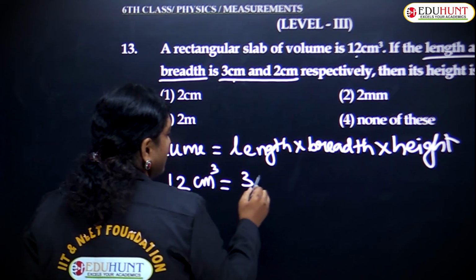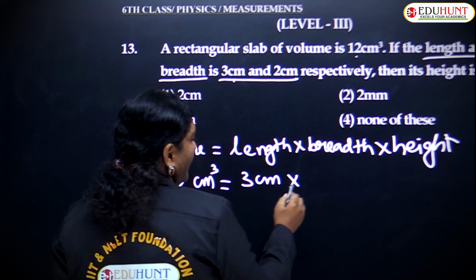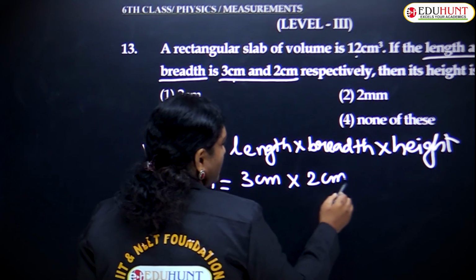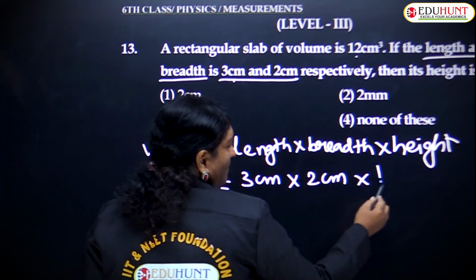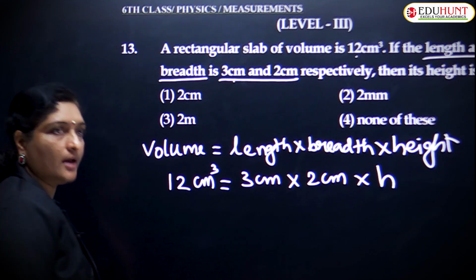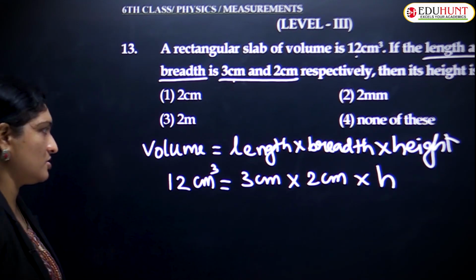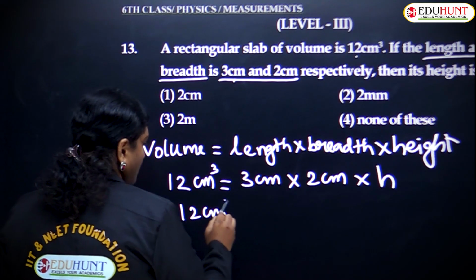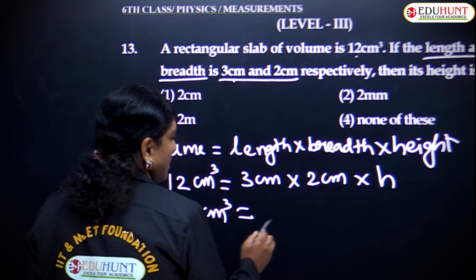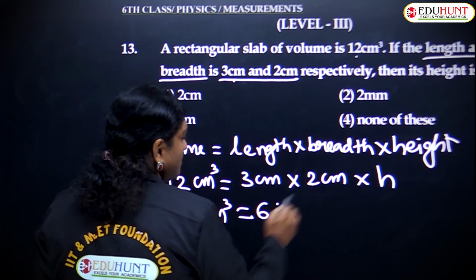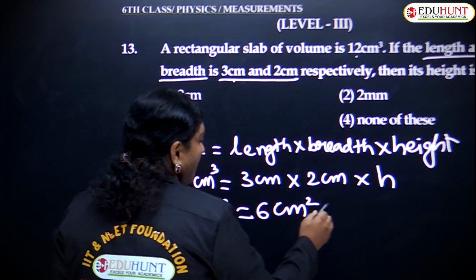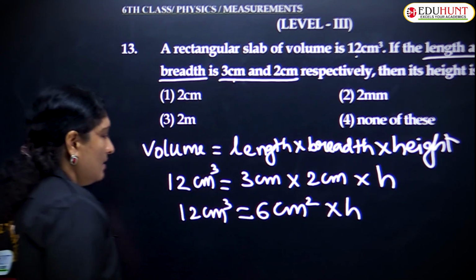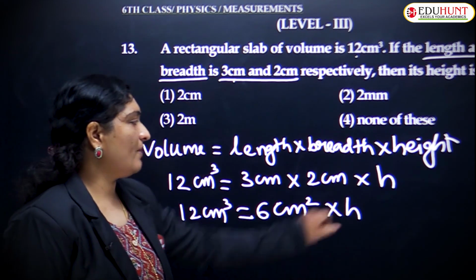Length 3 centimeters. Breadth 2 centimeters. Height unknown, some h unknown. So let me represent it h. So here 12 centimeter cube is equal to 3 2's how much? 6 centimeter into centimeter, centimeter square into h. I know this, I want to find out this.